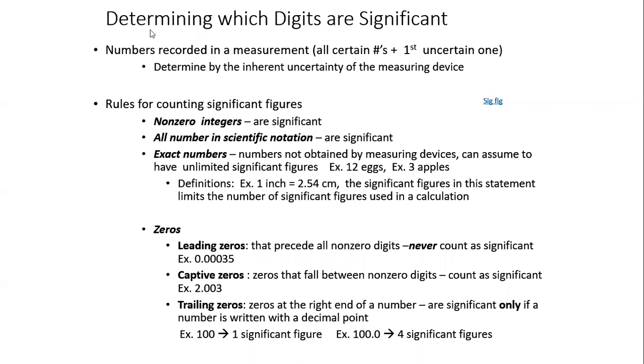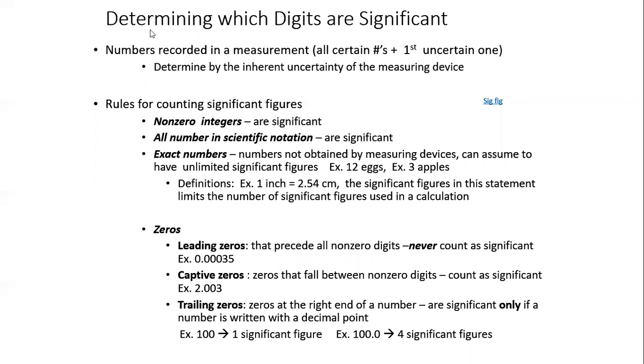That's how you get the number of significant figures in the measurement. Now, the uncertain digit depends on your measuring device. The more precise the measuring device is, the smaller the uncertain digit is. What I mean by smaller means it may be the tenths, the thousandths place, for example.